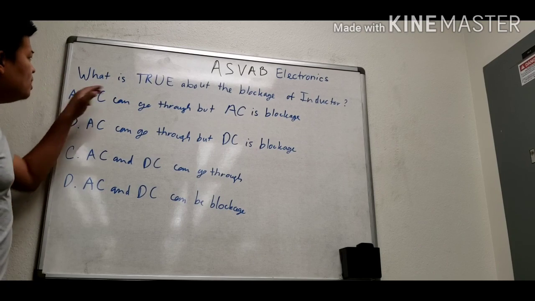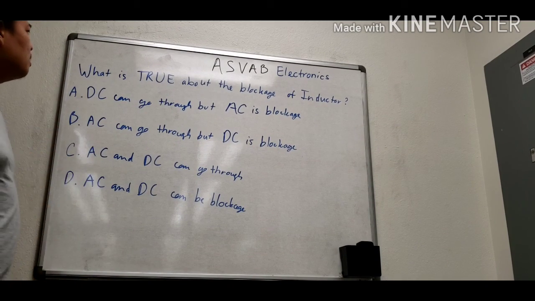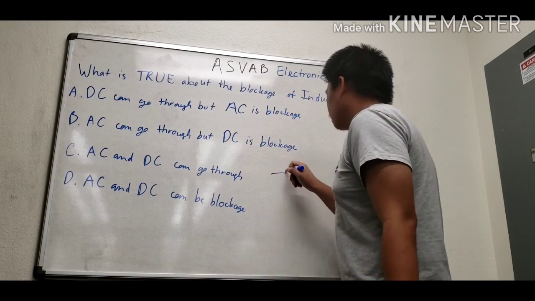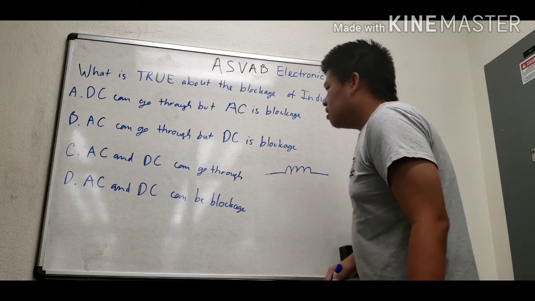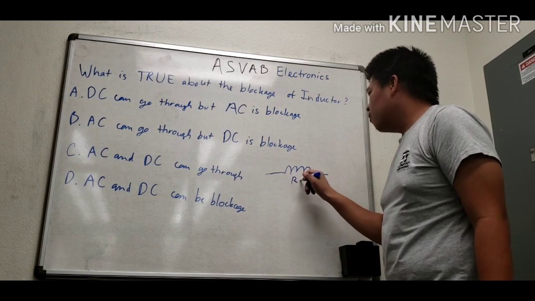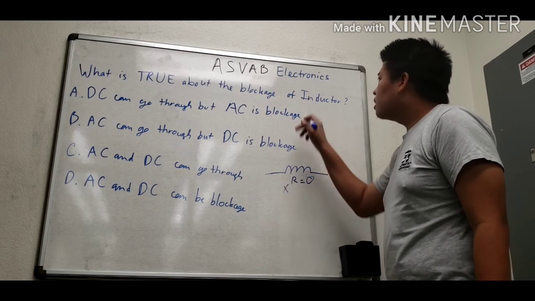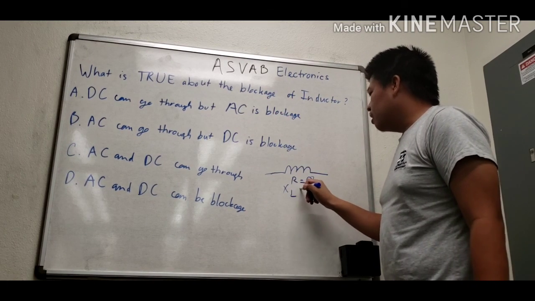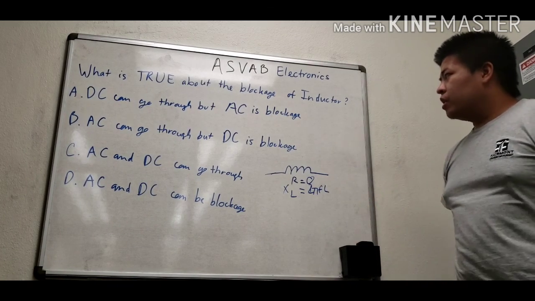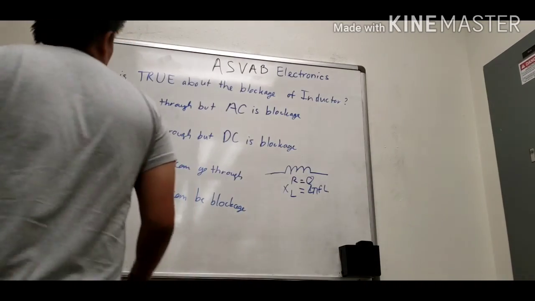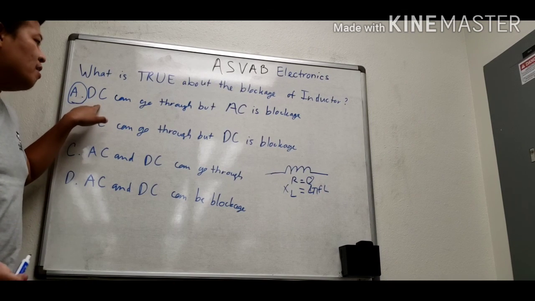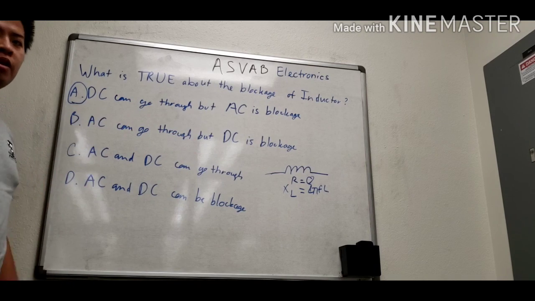Our real ASVAB question. What is true about resistance of inductor? We have A, B, C, D. Because we have inductor in here, we know that DC can go through the inductor because they don't have the resistance for the DC, but the AC creates the resistance, let's say 2 pi f L. So to answer the question, we can choose A, because DC doesn't create the frequency, so in the inductor the resistance becomes zero.